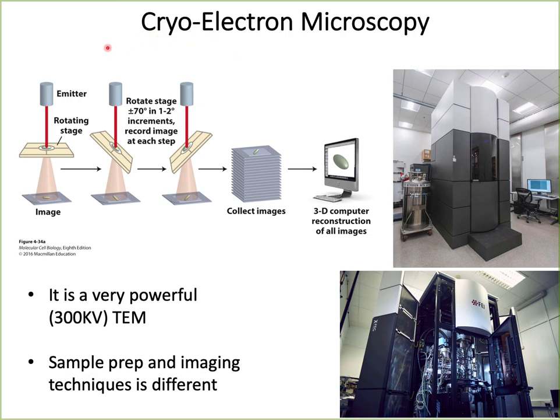If there is ice crystal formation in the cell, it will drastically damage the cell. But there will be nothing like that. It will be frozen in a complete glass-like state, like the epoxy block or plastic embedding media that we have used.